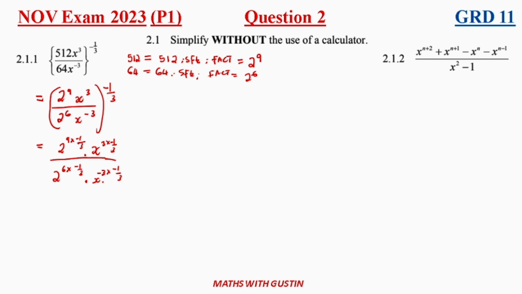Don't make a mistake, guys. Please make sure that you revise the laws of exponents. If you check on this channel, we do have a lesson on exponents. I'll try to link it in the description below.